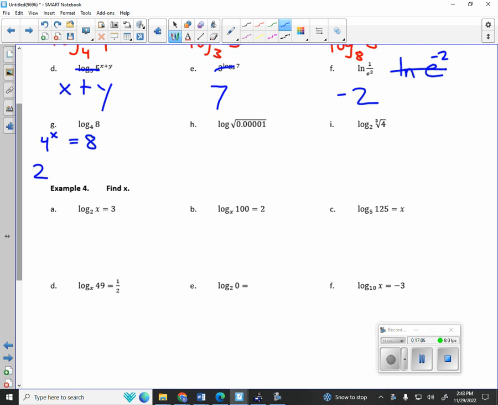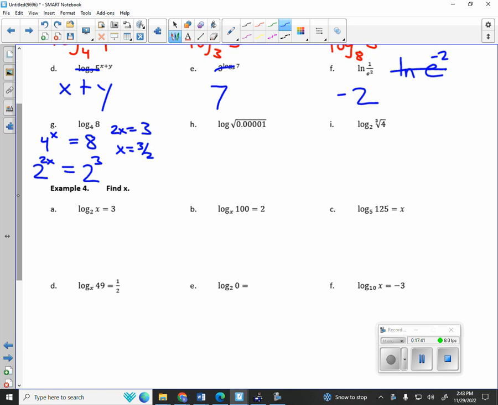So this becomes 2 to the 2x. And 8 can be rewritten as 2 to the third. Now this is easy. If the bases are the same, then the exponents should be the same. Now the bases are the same, we just solve 2x equals 3. So what is x? 3/2 or 1.5. We said it was going to be between 1 and 2.